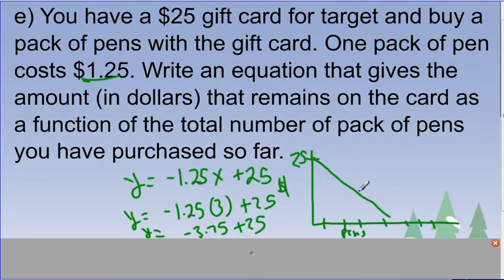So after buying 3 pens, you're at 21.25. So the negative slope is telling us that our money is going down as we buy more pens. Okay? This is the answer. Everything else is explanation on how we got these numbers. It's negative because you're buying stuff, cost is going down, that's how much you started with.